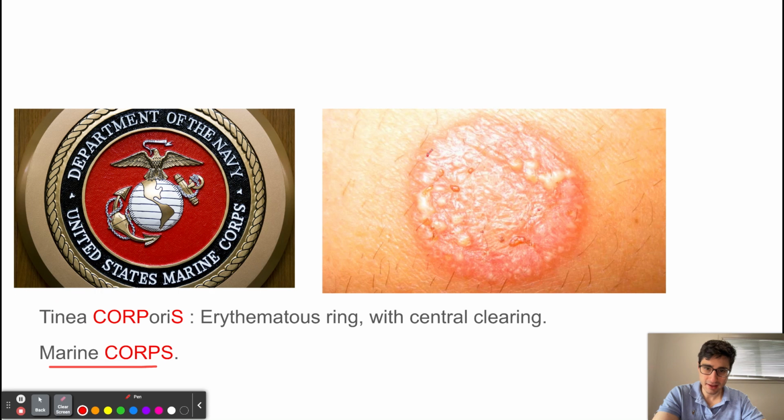We get this erythematous ring, so I'm just outlining the erythematous ring. So here is the erythematous ring, and in the center we have this clearing. So there's this white stuff and then there's this red stuff. So it's kind of like the logo for the Marine Corps, and it sounds like tinea corporis.